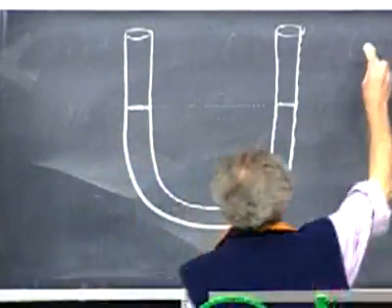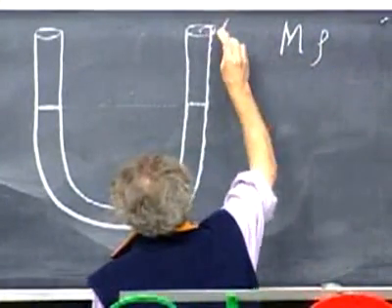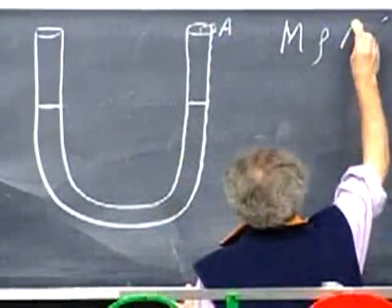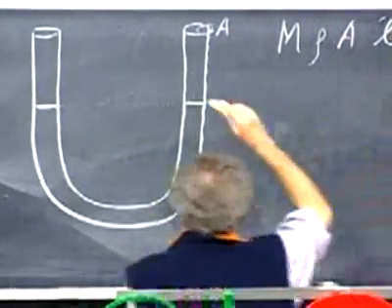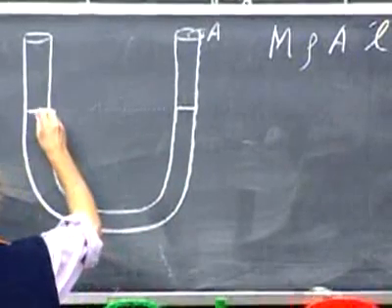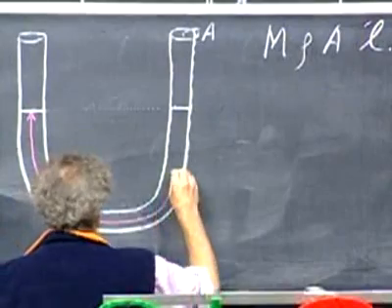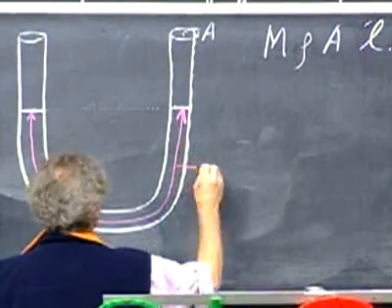And the liquid has mass m, it has density rho, the area of the tube is A, and the length of the liquid is L. So this is L.